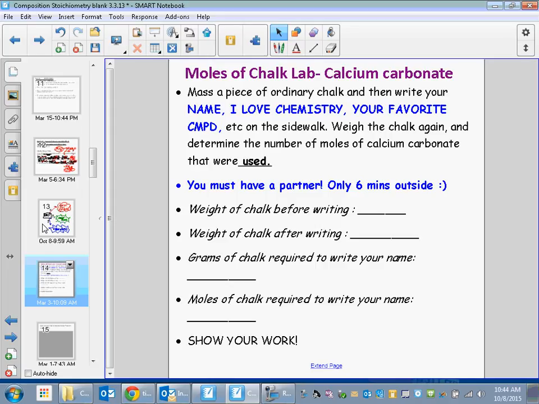What is that? Particles. Alright, we need an actual calculator.